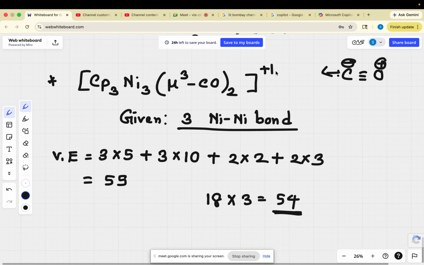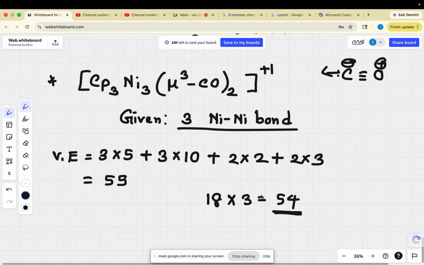So like that you have to find out your z value. Suppose you are getting 49, then you have to do 54 minus 49. But again, after putting this charge, check whether it is following the 18 electron rule or not.